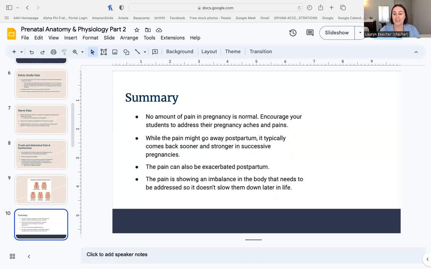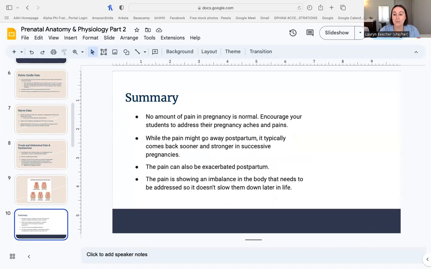So, in summary, no amount of pain in pregnancy is normal. In our pregnancies we should feel physically quite well. If you're experiencing aches and pains, if your students are, it's a sign that something is weak, tight, tense, something isn't moving well, or it's not strong or stable enough to support all of the extra load on the body during pregnancy.